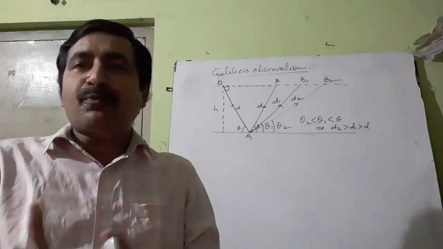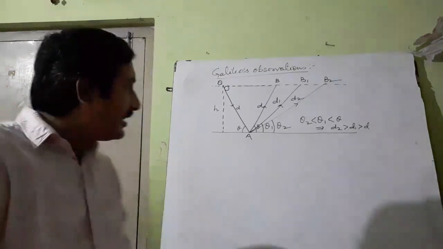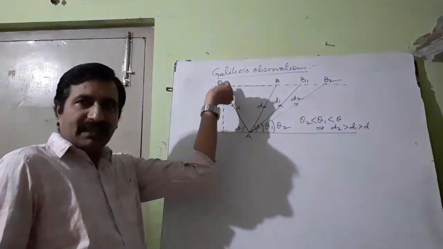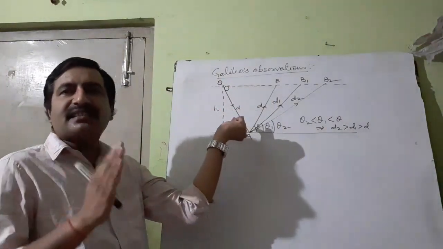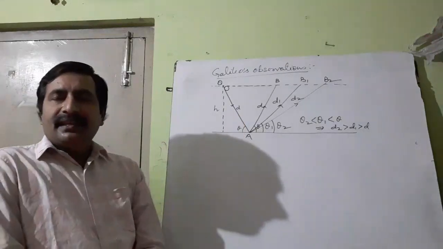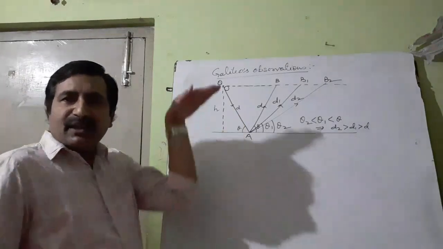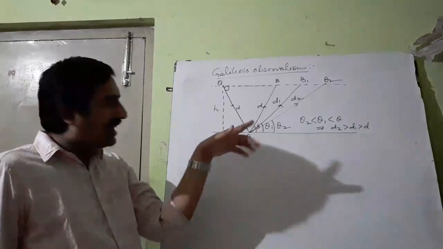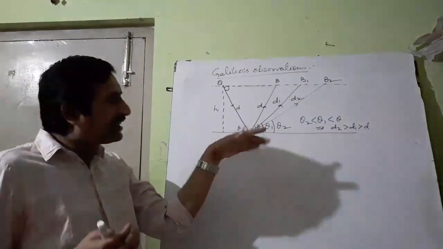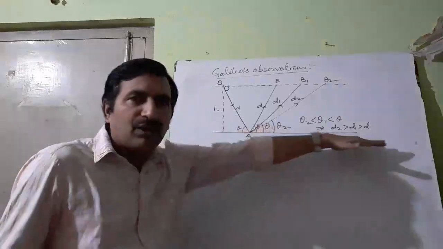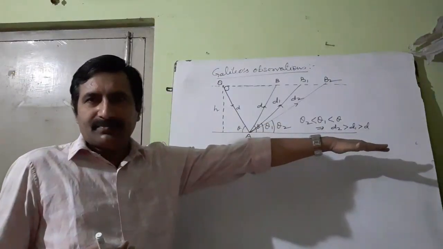Now see what type of motion that is. Whenever the ball is dropped from here, it will travel along the incline under the effect of gravity, meaning acceleration due to gravity is acting on the ball, so its velocity increases, and at A the velocity becomes maximum, and after that it starts moving along the horizontal direction.